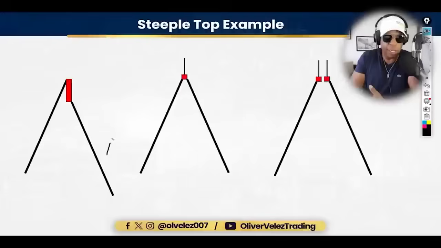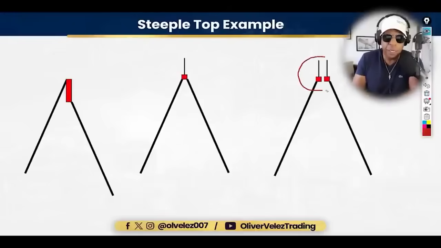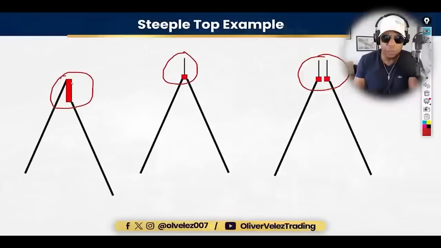You can have this scenario, boom, where your topping tail bar is your top. I'm just showing you one of the tops, but the three bar types ignite the top no matter which one you're dealing with. Steeple, left shoulder, double top, left shoulder, right shoulder, rounded.